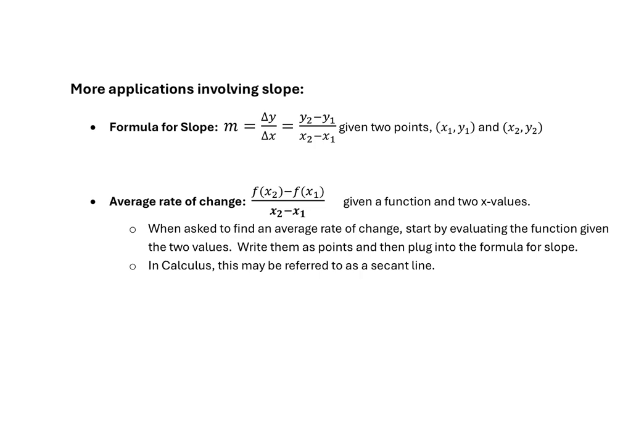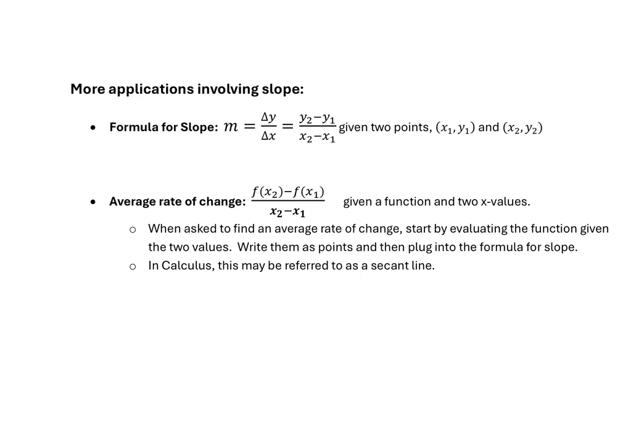Remember that m is equal to the change in y over the change in x, the rise over run. And that triangle symbol just means change. So to calculate slope, we do y2 minus y1 over x2 minus x1, given any 2 points on a line, x1, y1, and x2, y2.